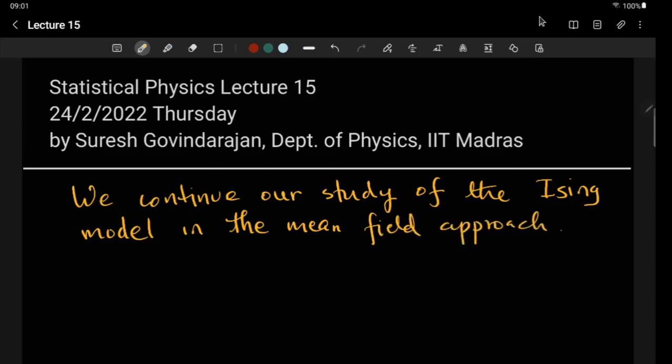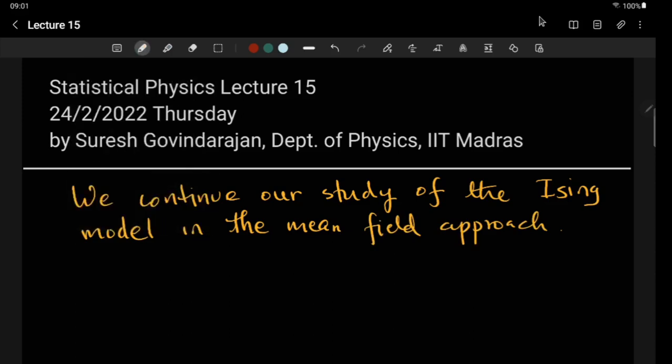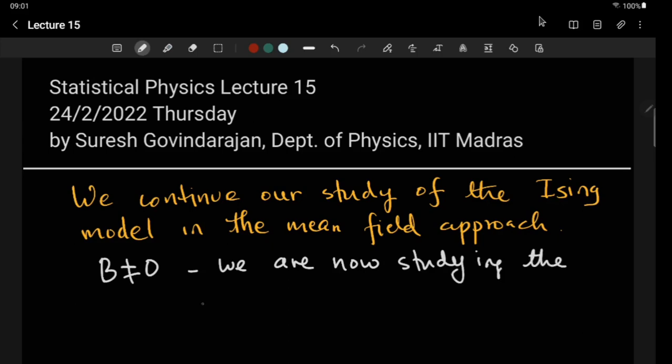In earlier lectures we had taken B to be non-zero, and so we are now studying the effect of turning on a magnetic field.